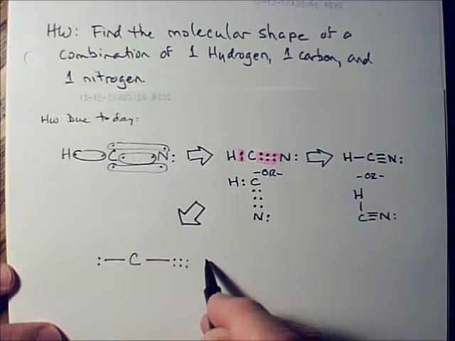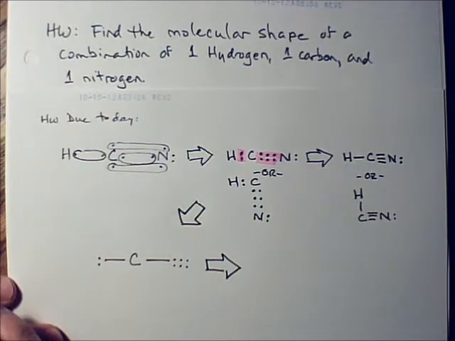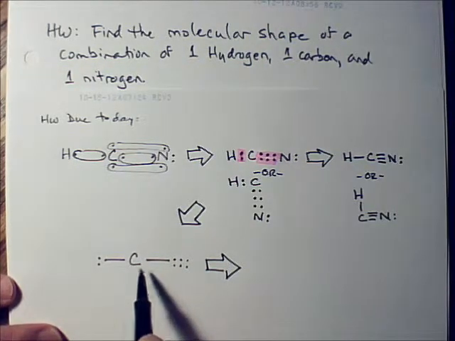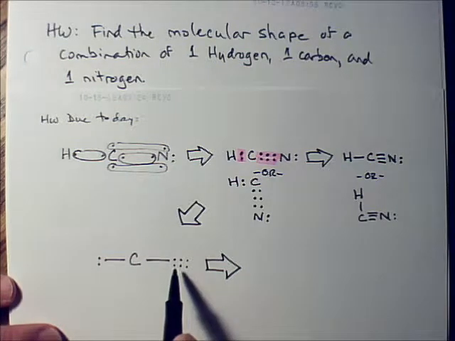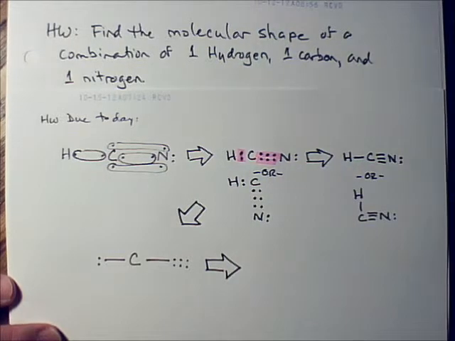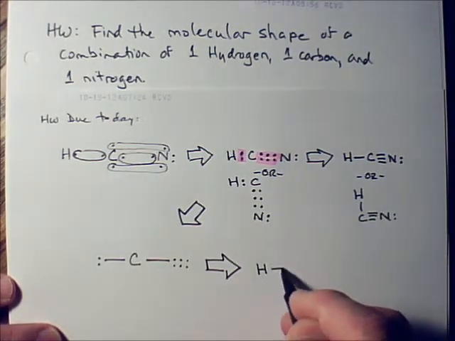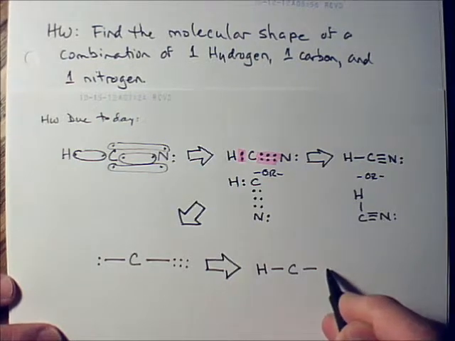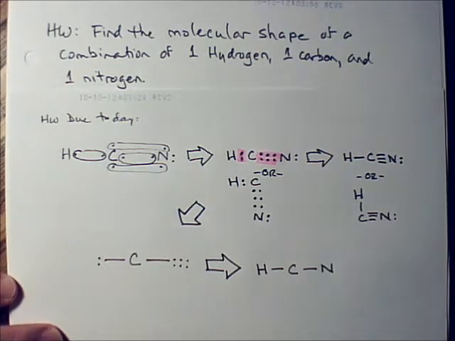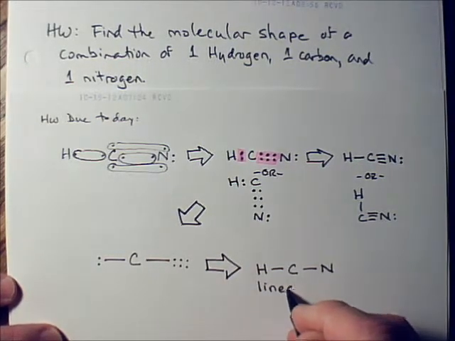And then from this, we're going to replace any sets of electrons with the atomic symbols with which those shared sets are shared. Lone pairs don't get replaced, only the shared pairs get replaced. And in this case, all the electrons around carbon are shared. So the shape of the resulting molecule is a straight line, or it's called linear.